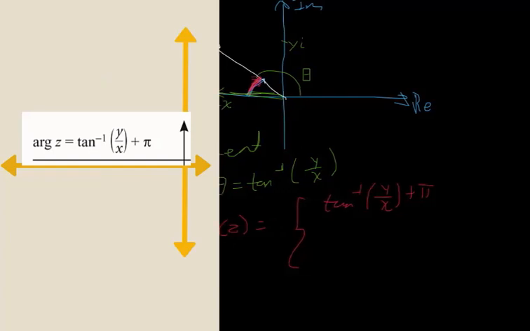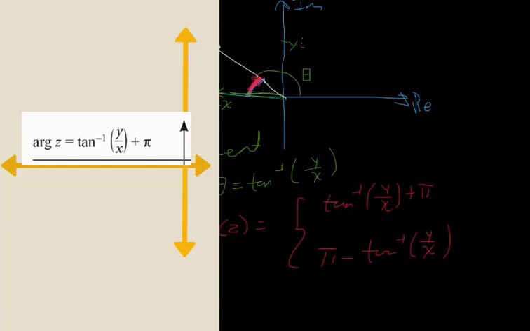Why is it plus though? Or another way, it can be pi minus, from 180. If you subtract this angle, you will find the other part. So pi minus tan inverse of y over x here. This is our principal argument.